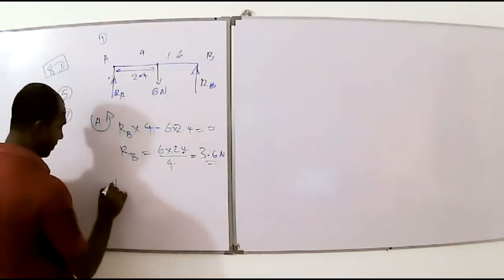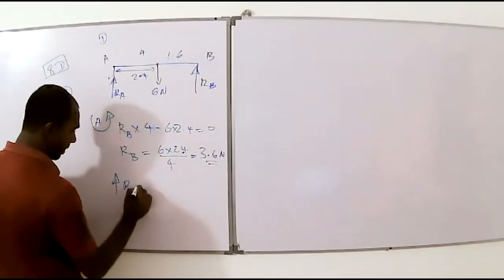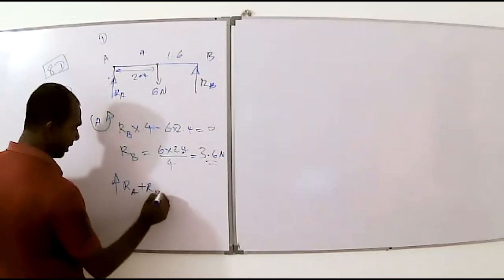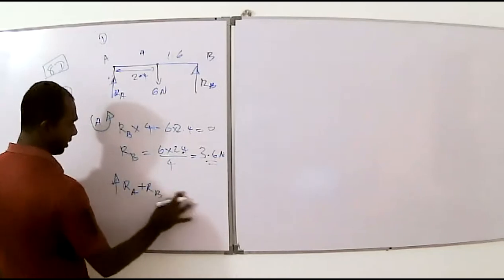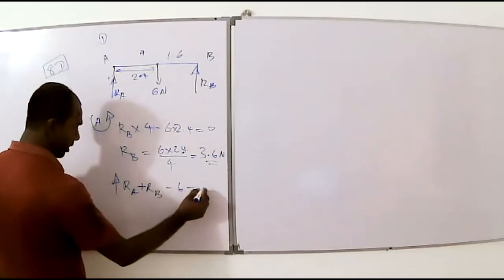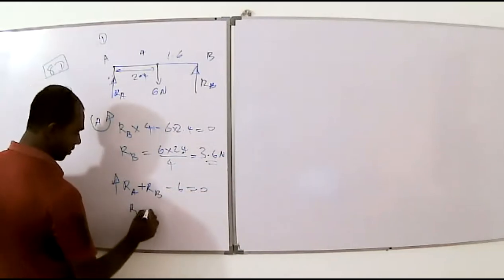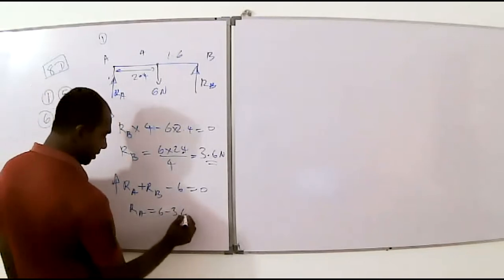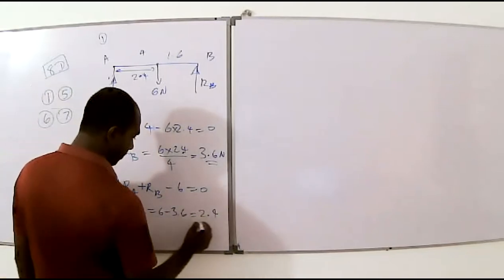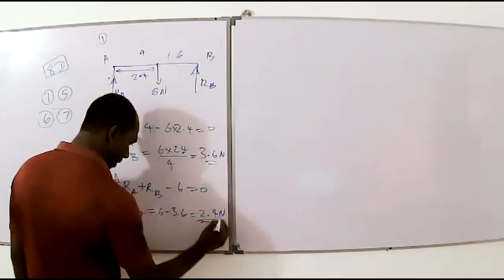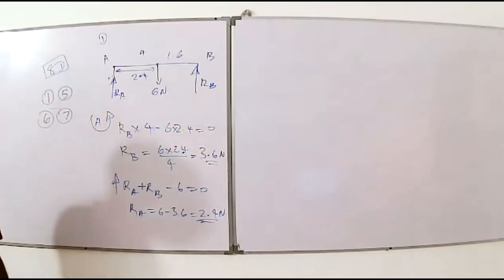To resolve upwards, RA plus RB equals 6. So RA equals 6 minus 3.6, which is 2.4 newtons. Hope it is clear to everyone.